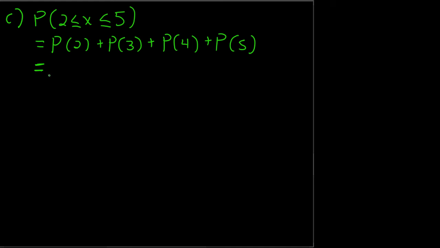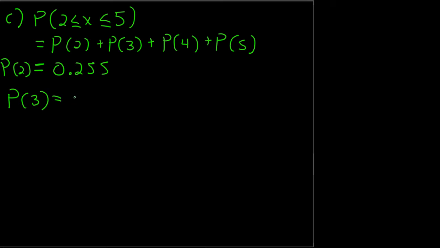So again, using the scroll button on the calculator, I can go in and change the values I already have entered. So I'll start with the probability of 2, which I already had. And that was 0.255. Alright, so the probability of 3, put probability of 2 here, and then we'll add all these up.